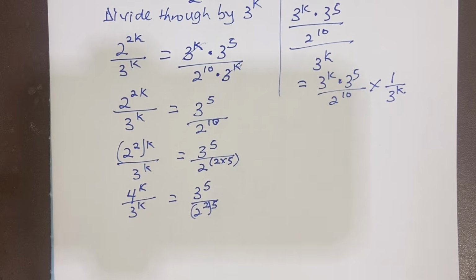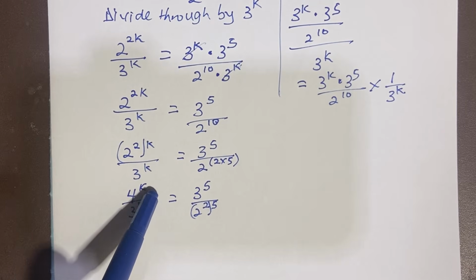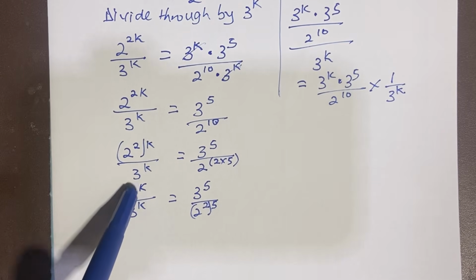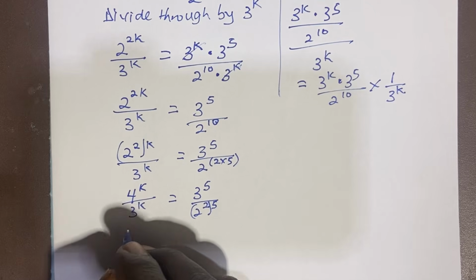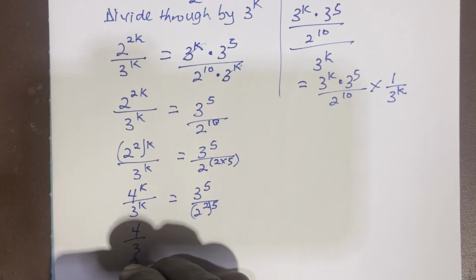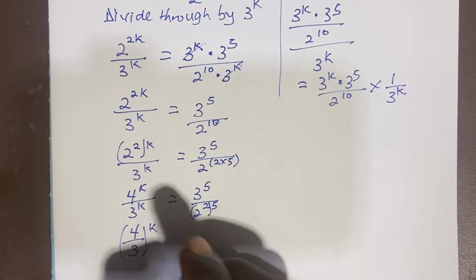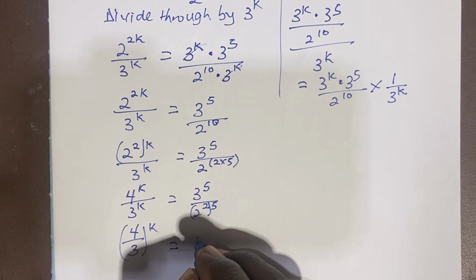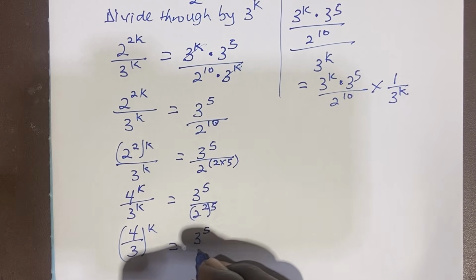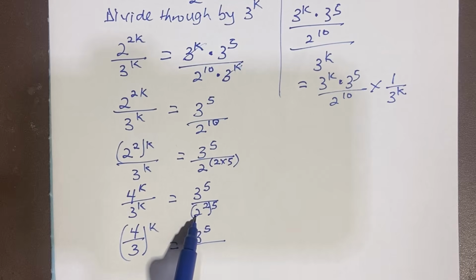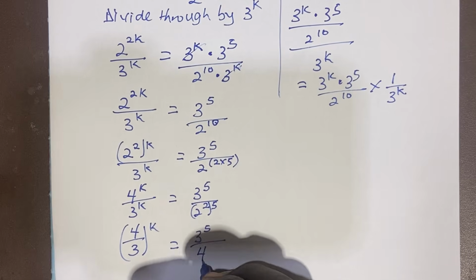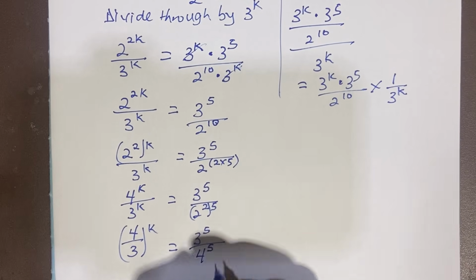From here, I have 4 to the power k over 3 to the power k. They have the same powers, which can be written as 4 over 3 all to the power k equals 3 to the power 5 all over 2 squared to the power 5, which will give us 4 to the power 5.